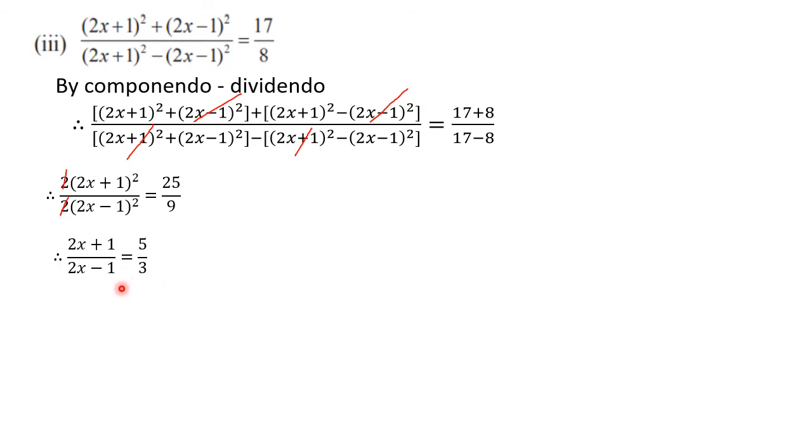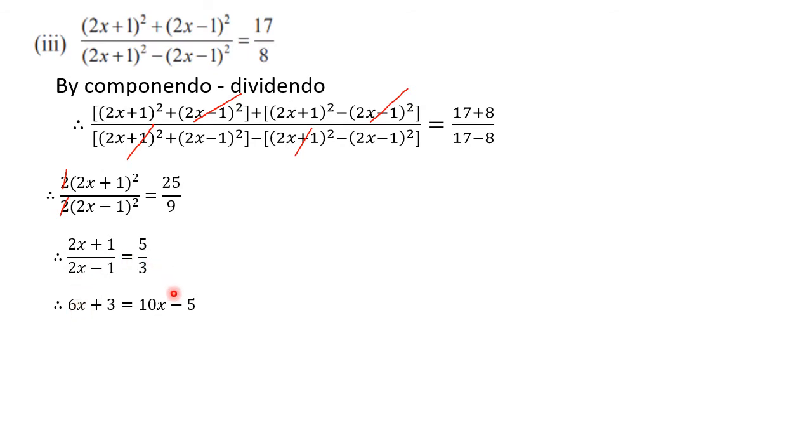Now after this, the next step is to cross multiply. You have to cross multiply. So (2x plus 1) into 3, you will get 6x plus 3. And here when you multiply, you will get 10x minus 5. So 6x plus 3 is equal to 10x minus 5. Now let's solve it. Shift this minus 5 to this side and shift 6x to this side.